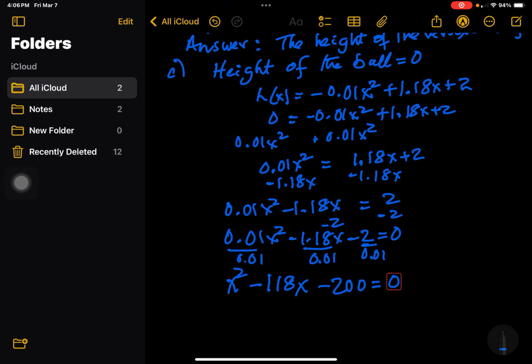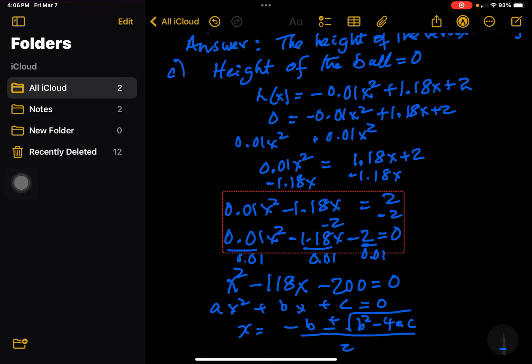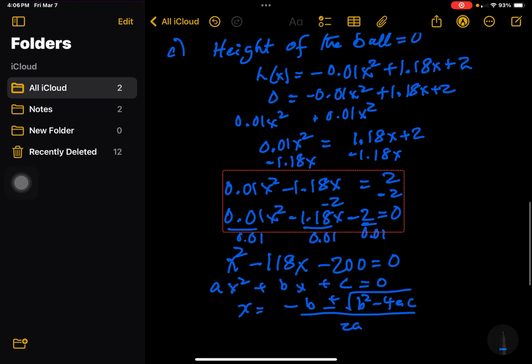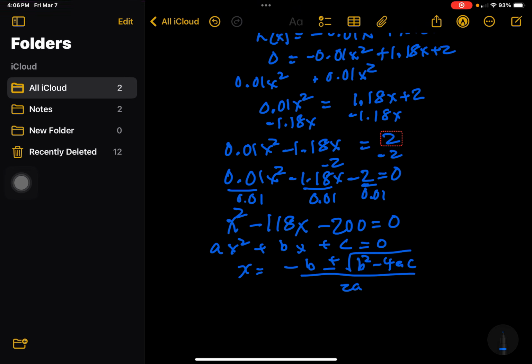So we will use the formula. This is like ax square plus bx plus c equal to 0, and you know the quadratic equation formula, x is equal to minus b plus minus square root b square minus 4ac divided by 2a. That being the case, let's plug in the values.